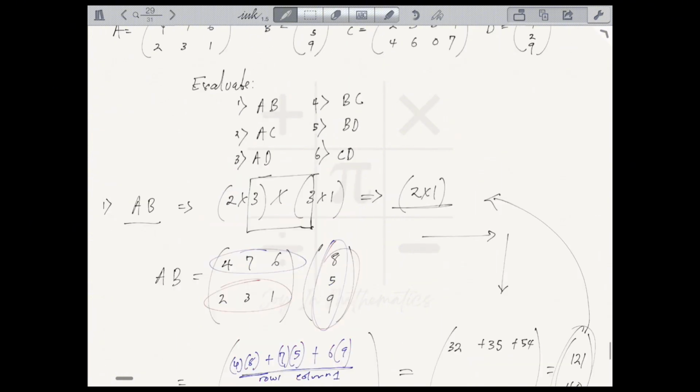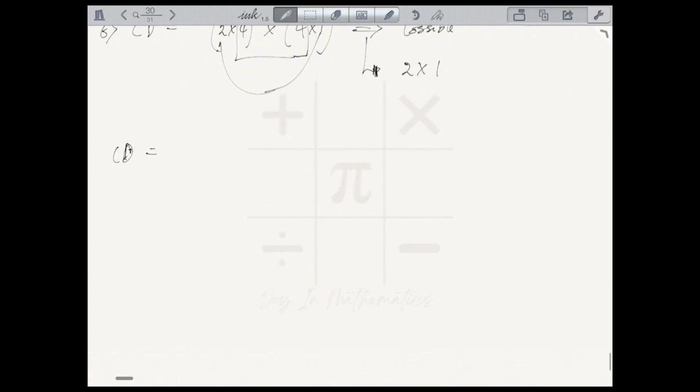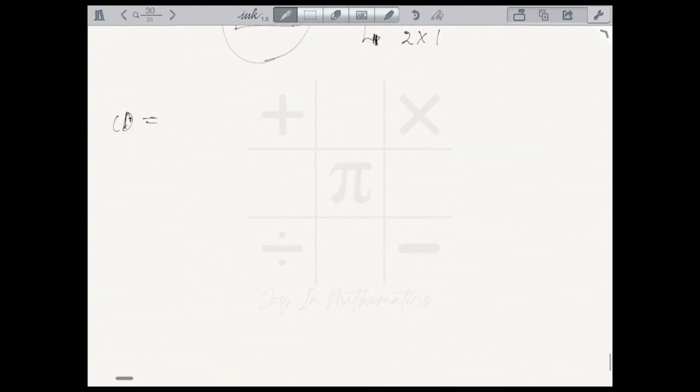So we have C and we have D. All right, I think I have the question beside me, so let me just duplicate it here. C is 2 3 5 1, 4 6 0 7, and D is 3, 4, 2, 9.